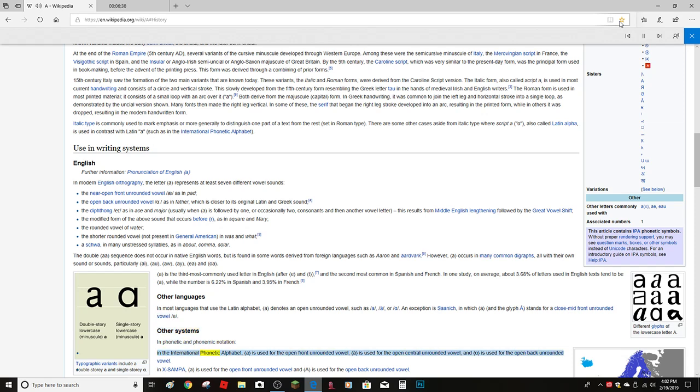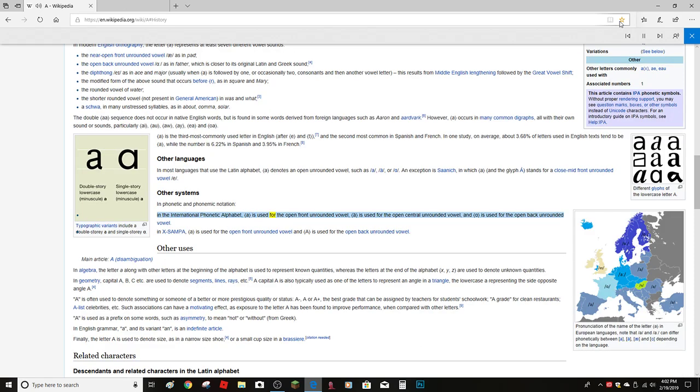In the International Phonetic Alphabet, a is used for the open front unrounded vowel, ä is used for the open central unrounded vowel, and ɑ is used for the open back unrounded vowel. In X-SAMPA, a is used for the open front unrounded vowel and A is used for the open back unrounded vowel.